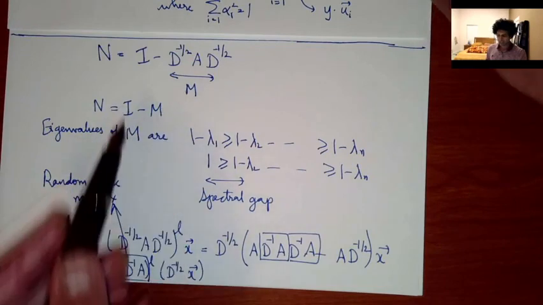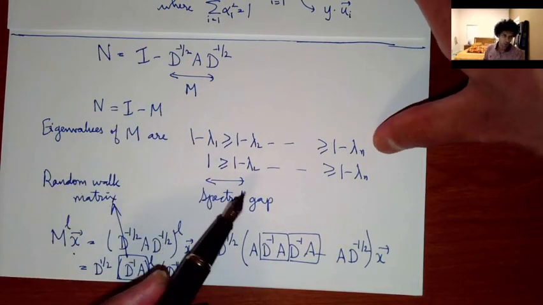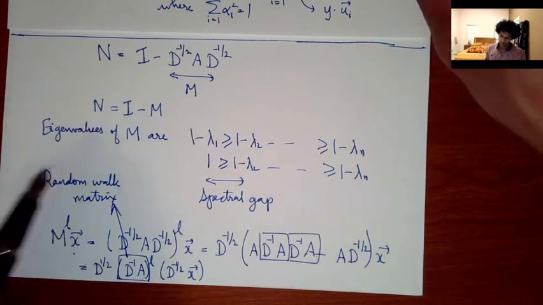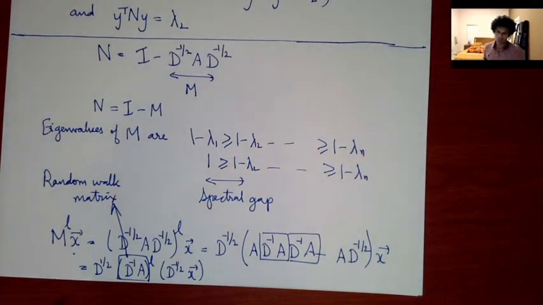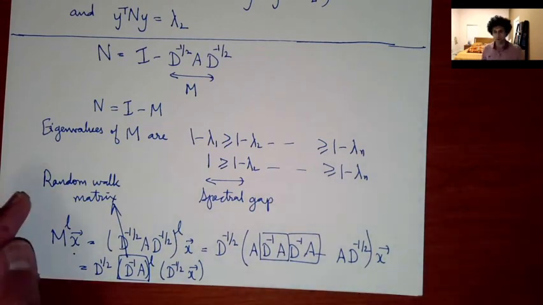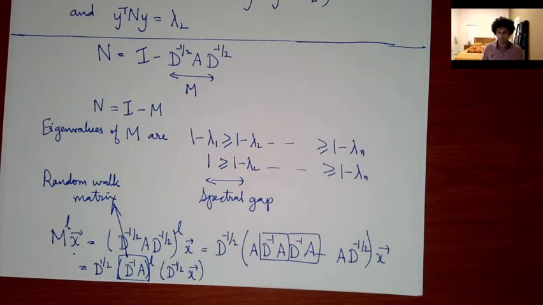But that's basically because the eigenvalues are just like 1 minus those. You're looking at the eigenvalues of the normalized Laplacian. So the normalized Laplacian tells you more about the behavior of the random walk than the unnormalized Laplacian. And that's why the normalized Laplacian is the matrix that you need to understand when you're doing lots of problems related to random walks, related to graph partitioning. Although the connections come in this way.